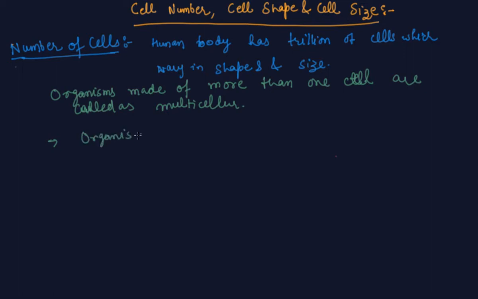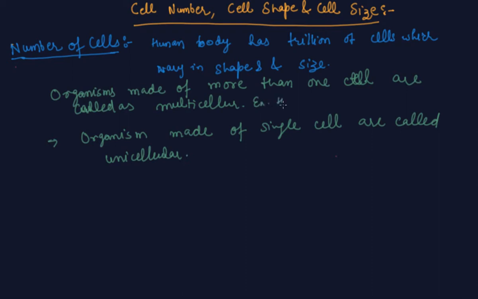Organisms made of a single cell are called unicellular. The example of multicellular is the human body and the example of unicellular is amoeba.